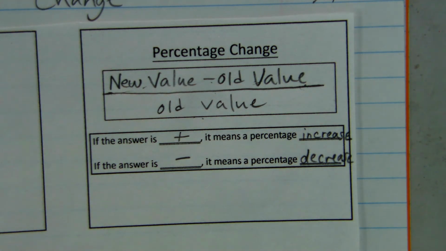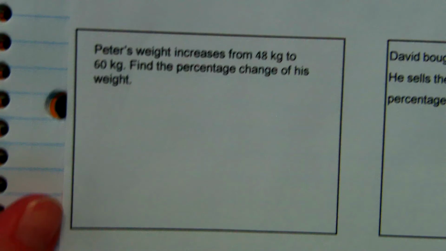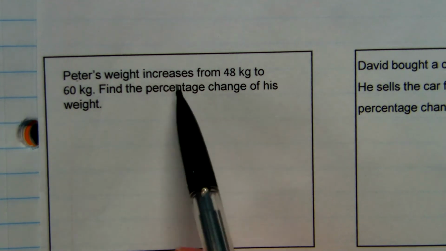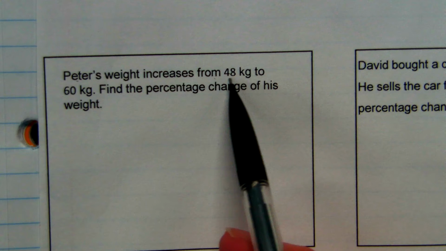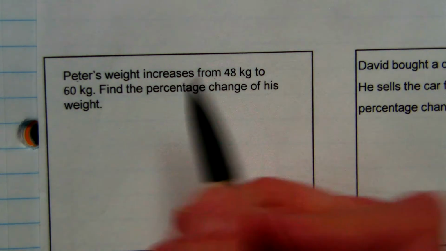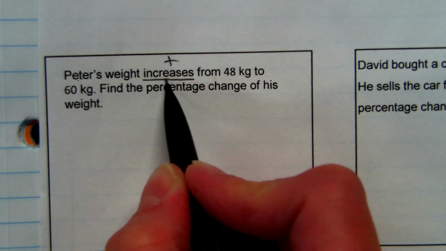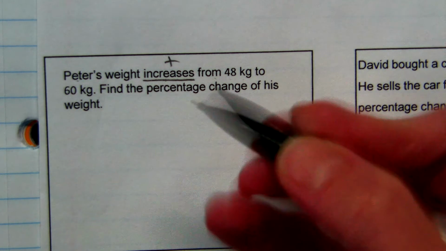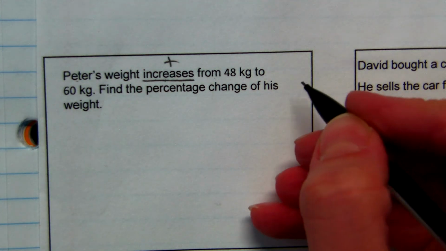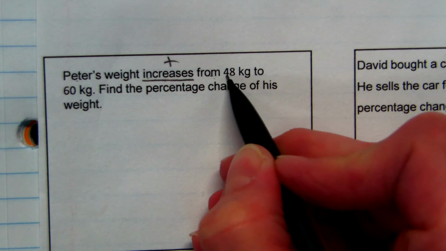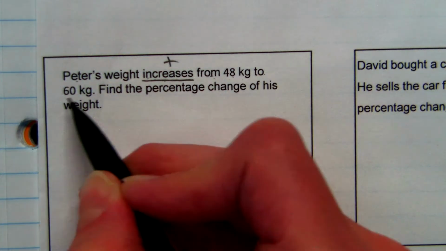Okay, so our first example we're going to do is this one. It has Peter's weight increases from 48 kilograms to 60 kilograms. Well, we already know it's going to be positive because they give us that word increases. So if I'm going to mark old and new, what was his old weight? His weight increases from 48 kilograms to 60 kilograms.